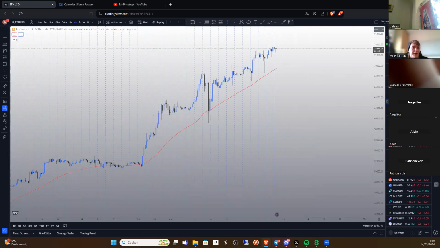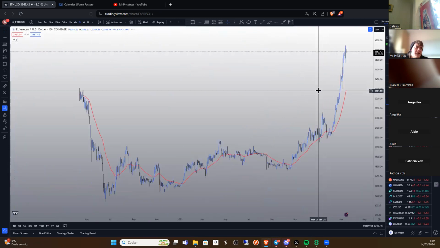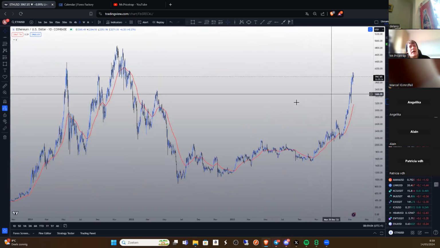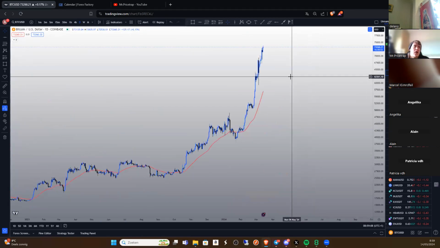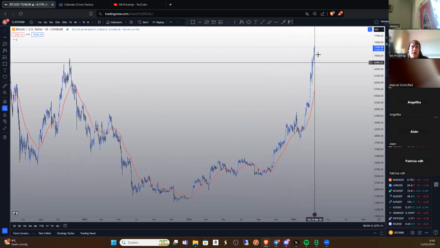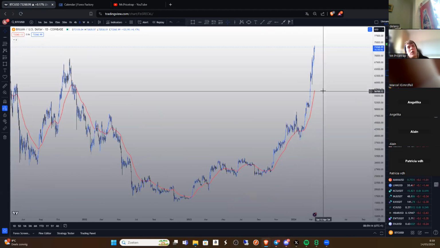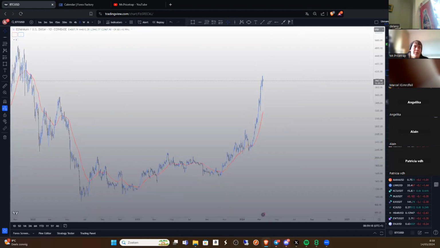If you're not in Bitcoin or Ethereum and you still want to invest in these markets, to be honest, these are very high prices, we are at all-time highs. I personally don't like to buy on all-time highs. So if you're brand new in crypto, I would say wait for retracements before you really step into Bitcoin or Ethereum.